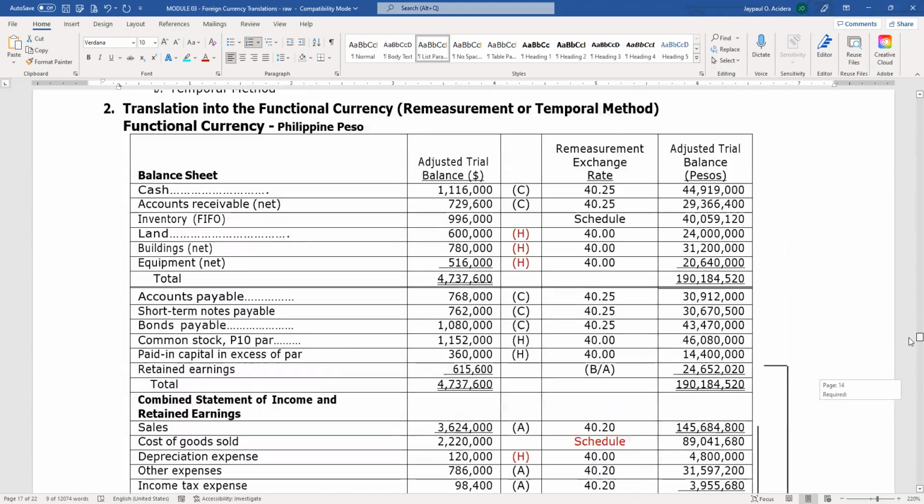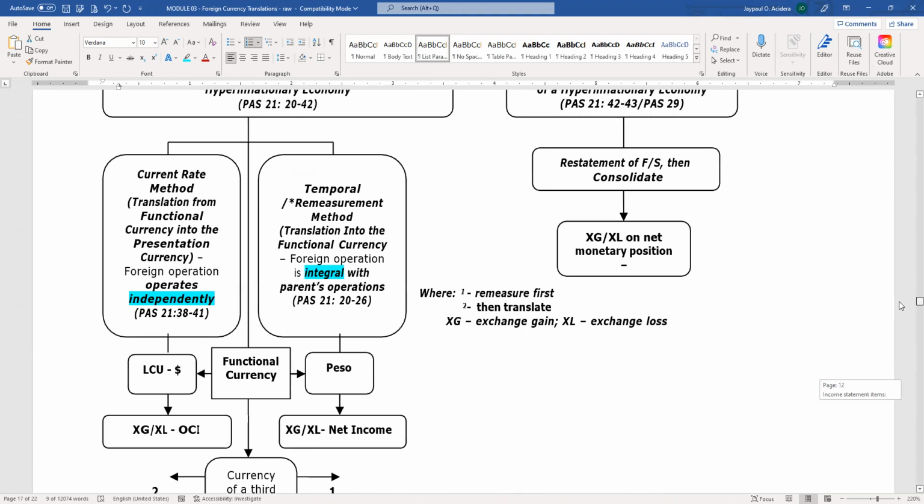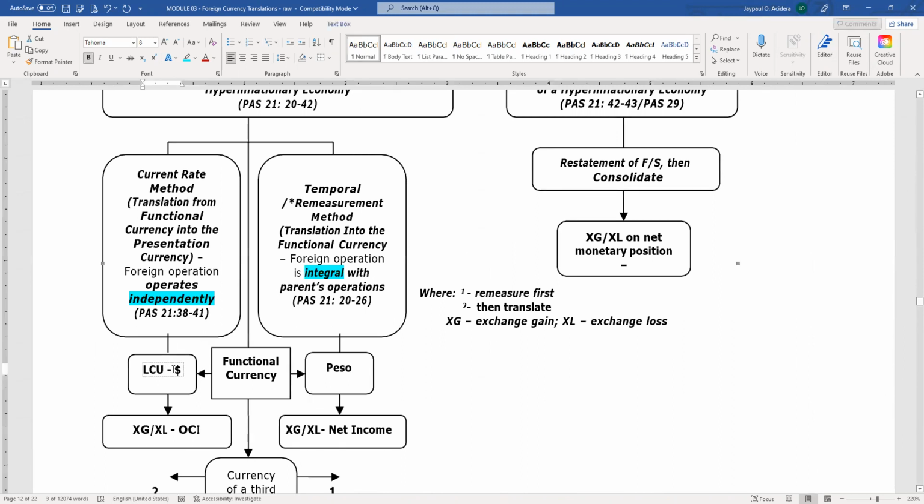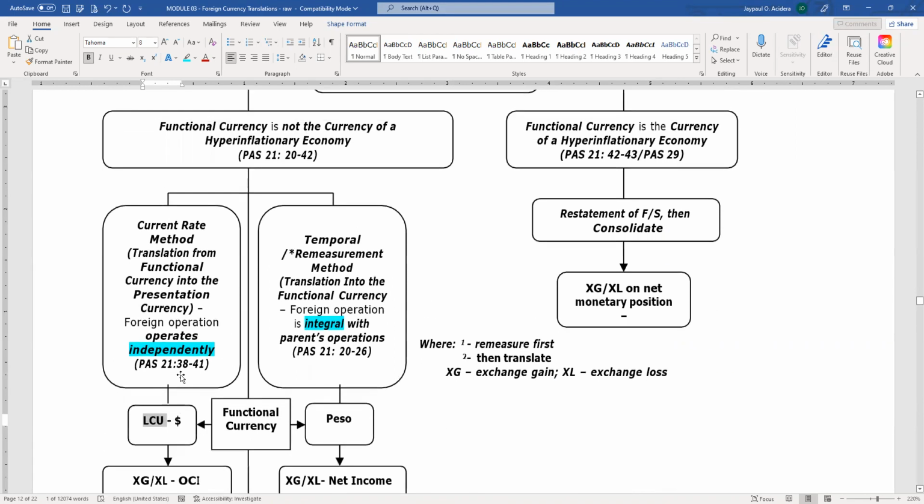yung chart kanina, no? Kapag ang LCU or kapag ang functional currency is in terms of LCU, for example, US dollars or Singaporean dollars, then that means we have to use the current rate method or yung method 1. Okay, that means the foreign operation is operating independently.